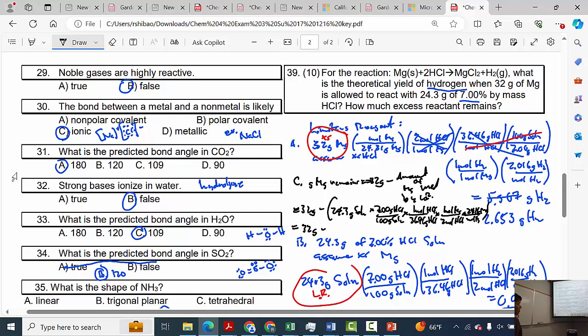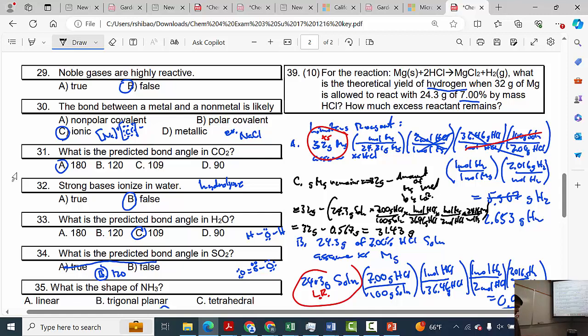So this is going to be 32 grams minus, all right, 24.3 times 7 divided by 100, divided by 36.46 divided by 2 times 24.31, 0.567.